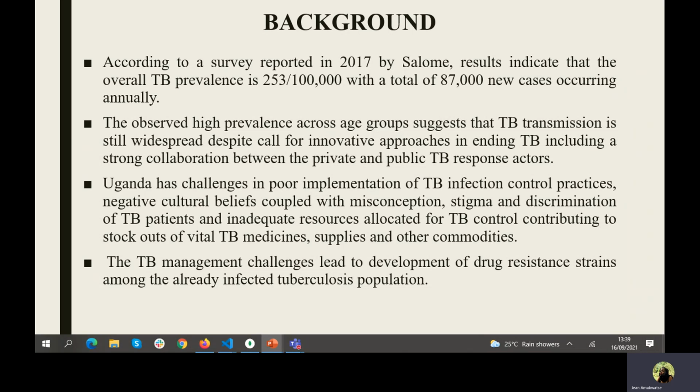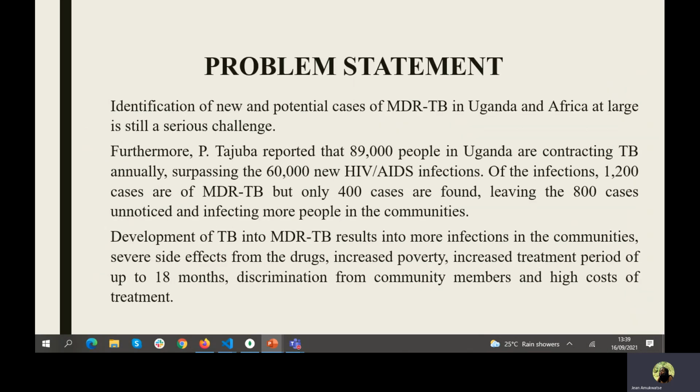So the problem statement: identification of new and potential cases of MDR TB in Uganda and Africa at large is still a serious problem, and development of TB, which eventually also leads into multi-drug resistant TB, results in more infections in the communities, as we all know that TB is contagious.